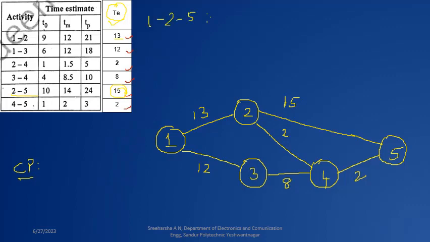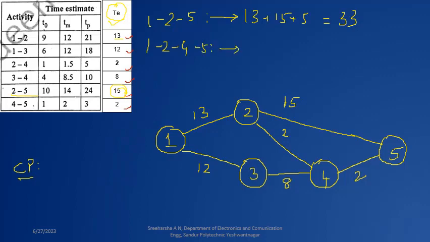So if I take this, 13 plus 15 is 28, plus 5, so the total will be 33. So I will take it as 33 here. And the next path is again 1 to 2, 2 to 4, and 4 to 5.